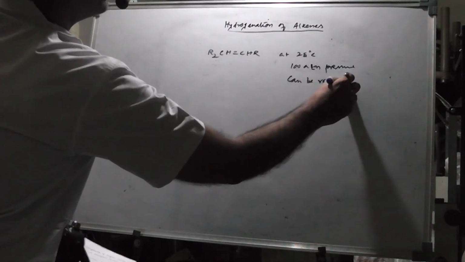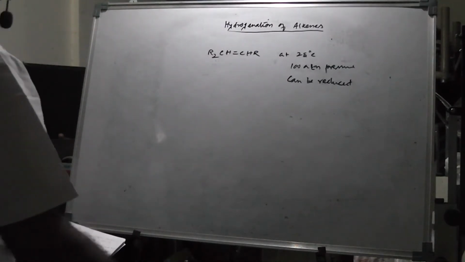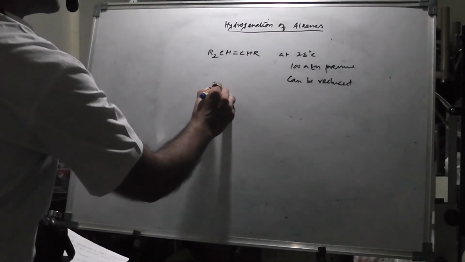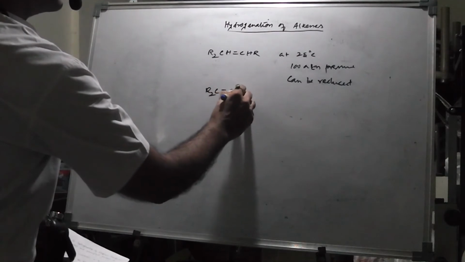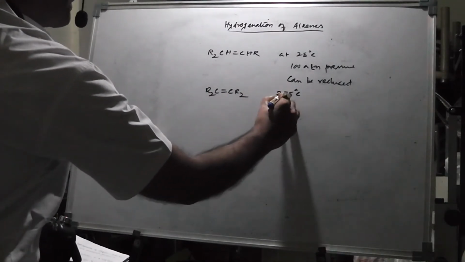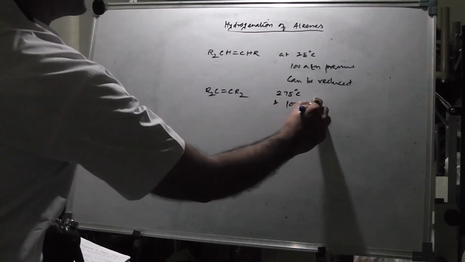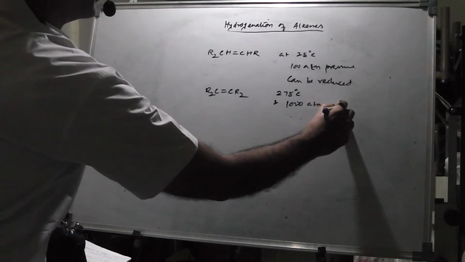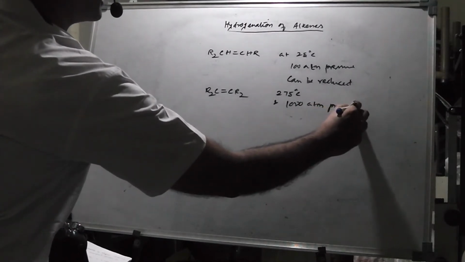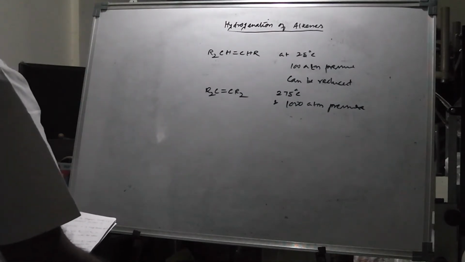So pressure has to be increased in this case. Whereas in the case of tetra-substituted olefins, it needs 275 degrees centigrade, very high temperature, and 1000 atmospheres pressure. So harsh conditions are needed for reducing the tetra-substituted olefin.